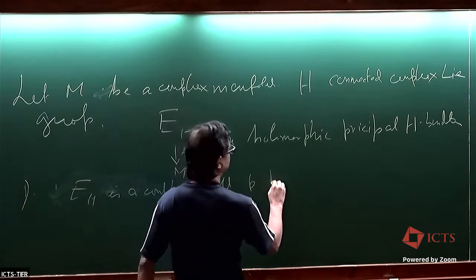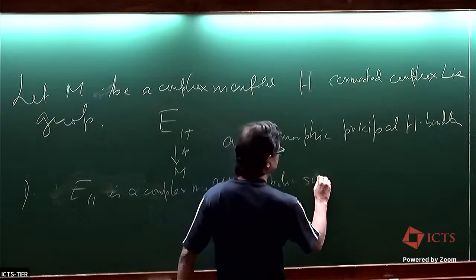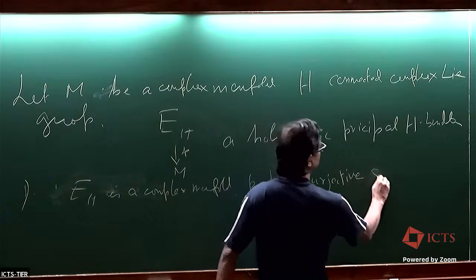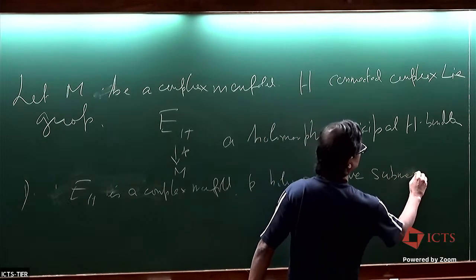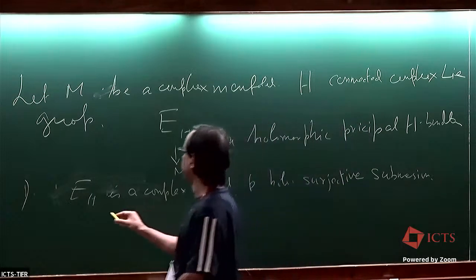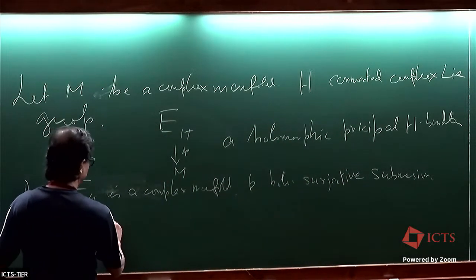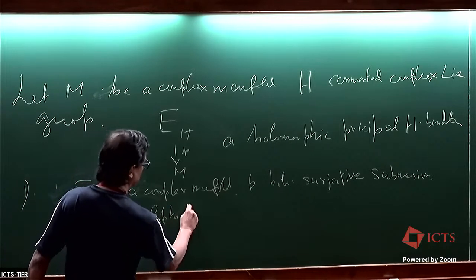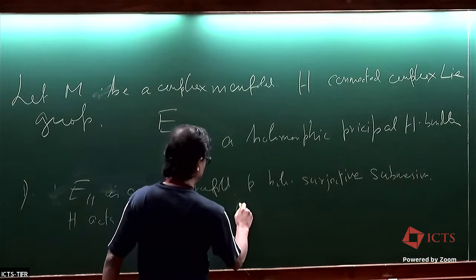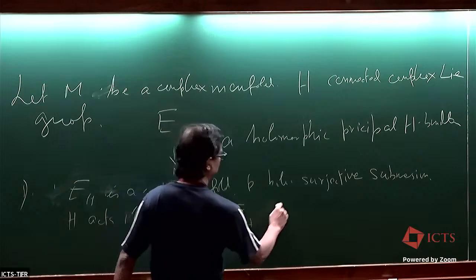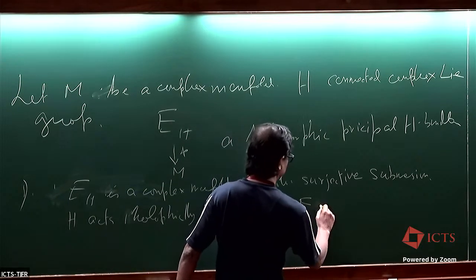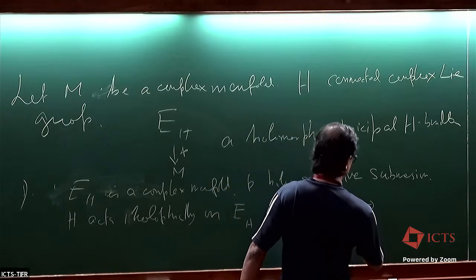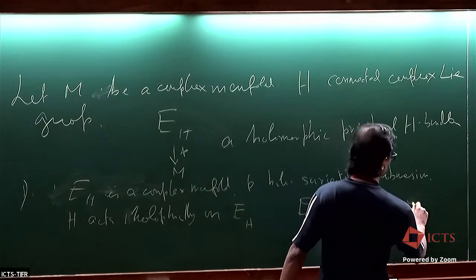P is a holomorphic, surjective submersion, and H acts holomorphically on E_H, that means the action map is holomorphic.